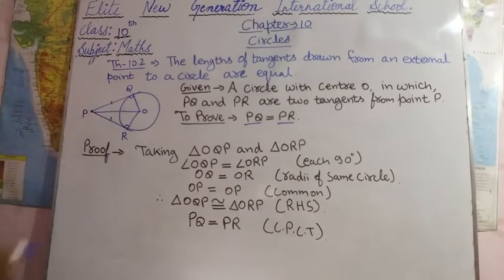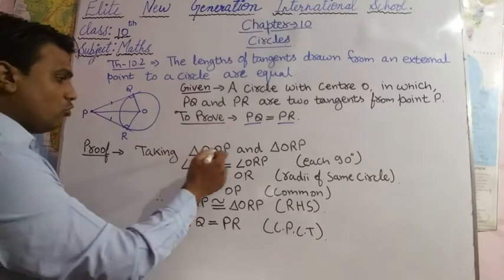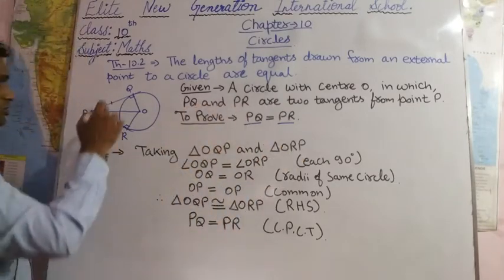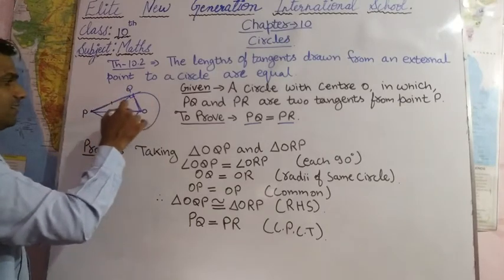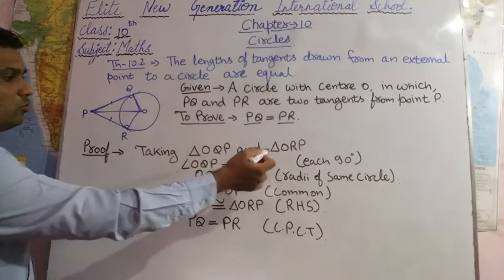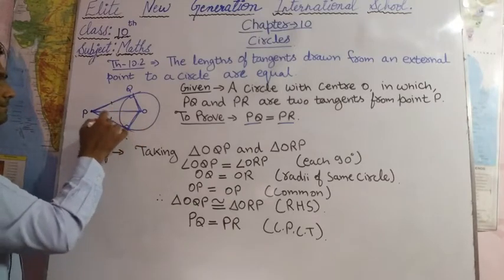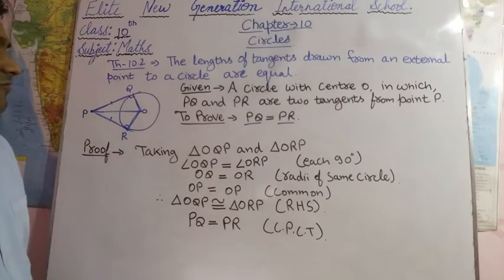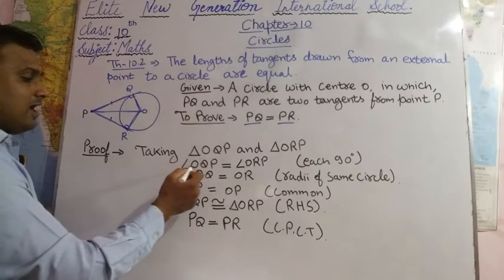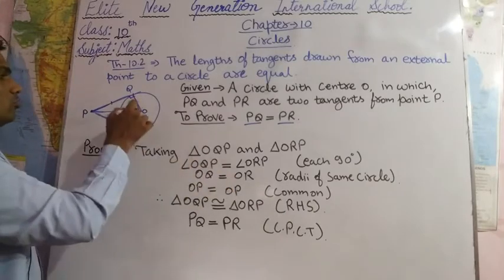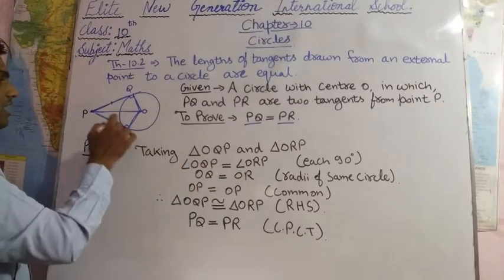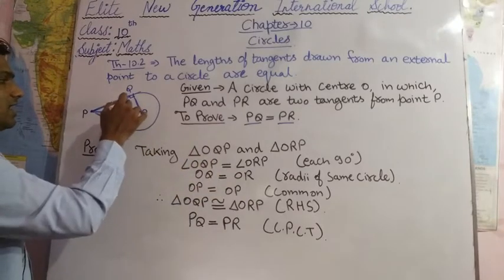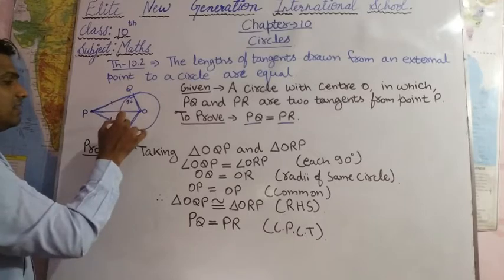In the proof, we take triangle OQP and triangle ORP. In these two triangles, first of all, angle OQP is equal to angle ORP, and these two angles are 90 degrees. Why?